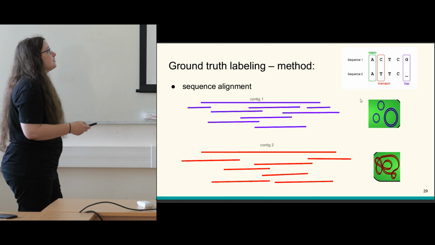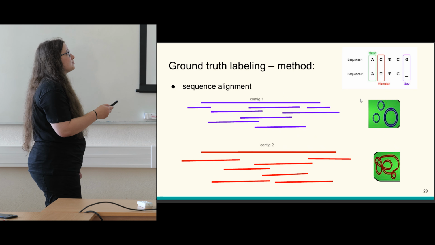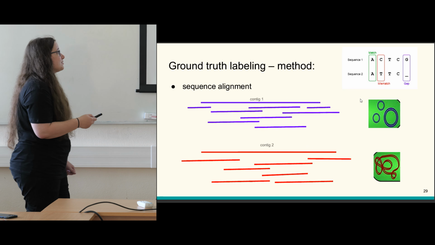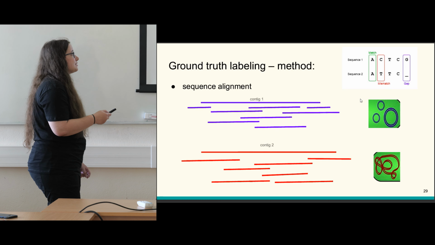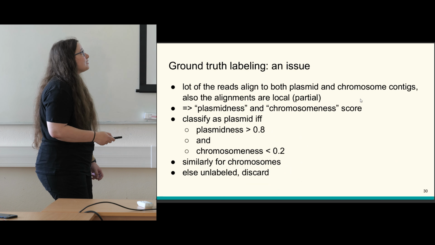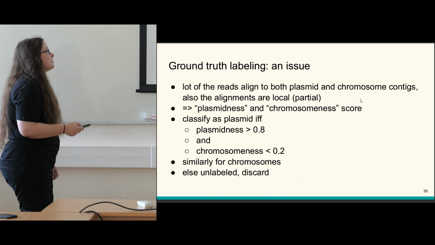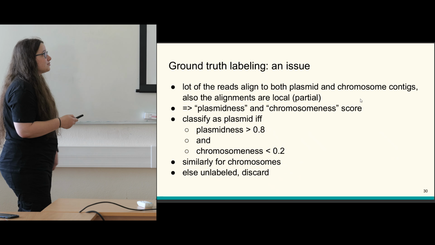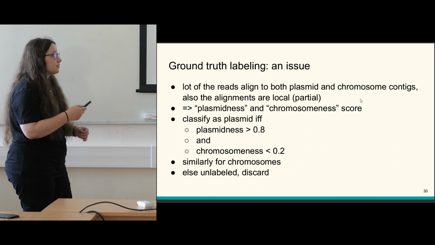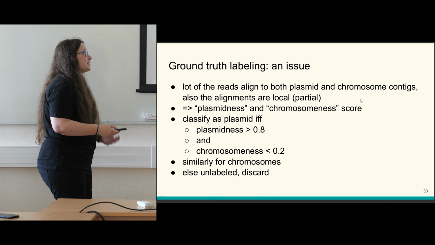And maybe we could say that, okay, if the read aligns to the plasmid contig, let's label it as plasmid. If it aligns to the chromosomal contig, let's label it as chromosome. But it's not that easy, because there is an issue: a lot of the reads align to both plasmid and chromosomal contigs, and also the alignments are local, meaning partial.